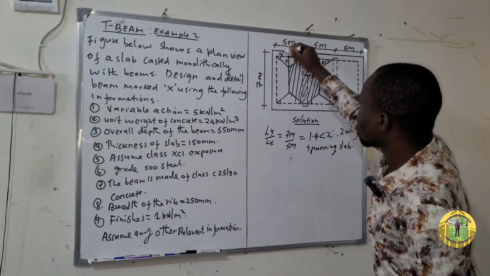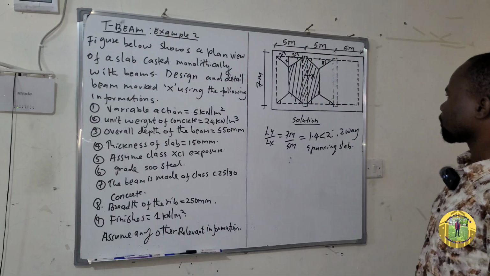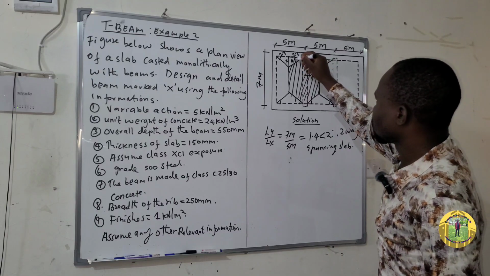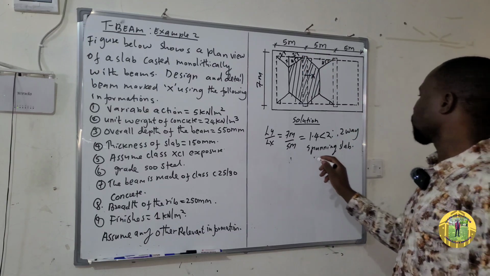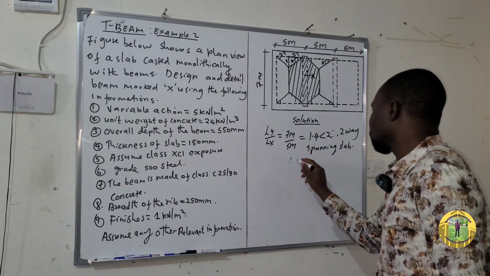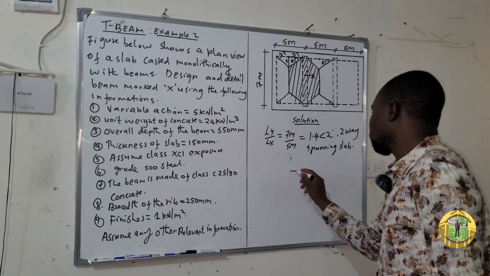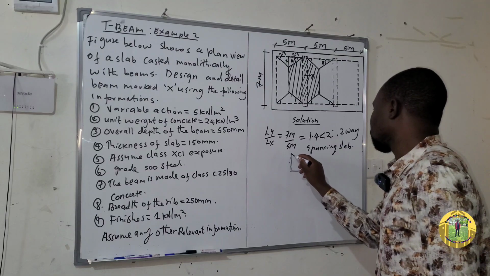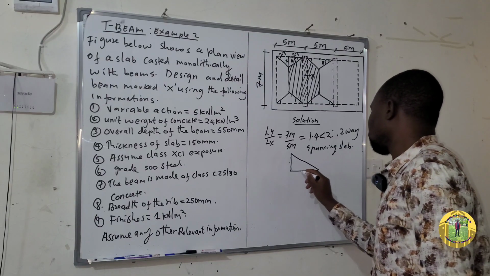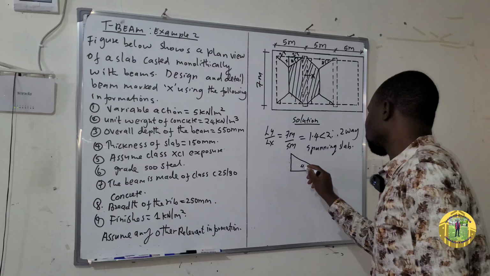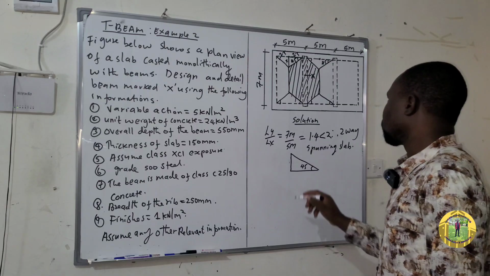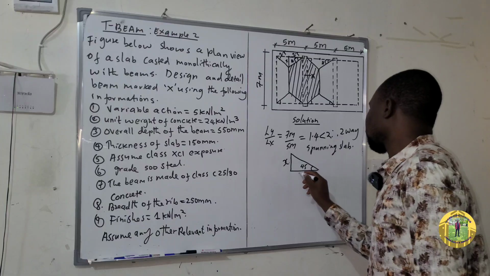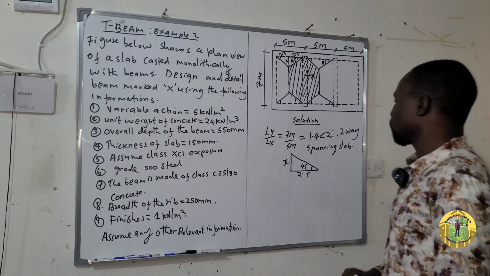Also here 2.5. So if this is 45 degree, like that, if we can draw it here, so this is 45, this is x, and this is 2.5.